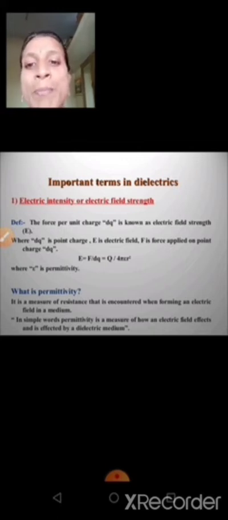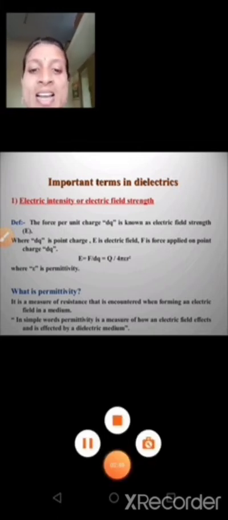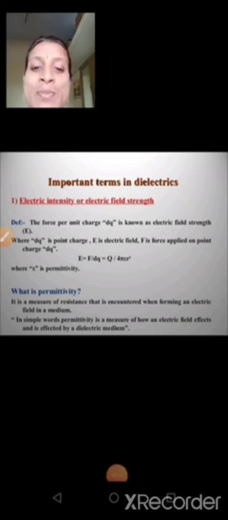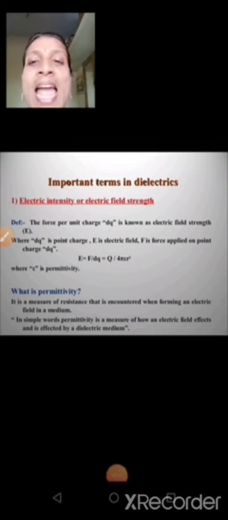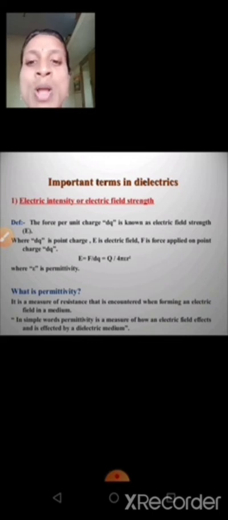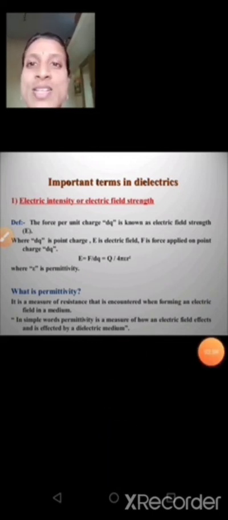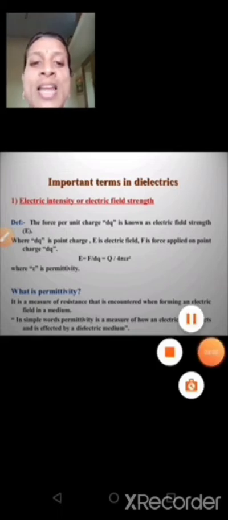Here epsilon is the permittivity. Permittivity is the ability of a medium to transmit electric force lines. Electric force lines always transmit from positive charge to negative charge.